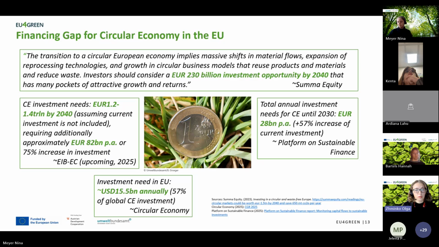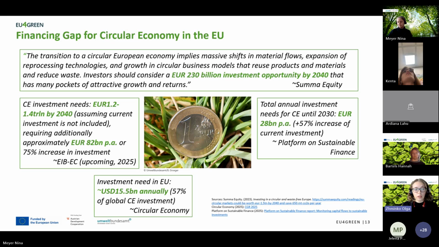The Platform on Sustainable Finance provides an assessment of sustainable capital flows on a 2-year basis, and this year they published a report where they wrote that the gap for circular economy amounts to 28 billion per annum. Currently, the investment is 18 billion per annum, and it should be increased by 57%.